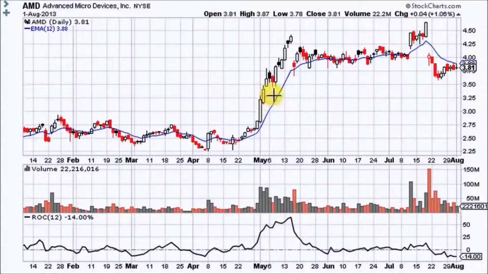So it had a couple more really big volume up days. But at this point right here, this was the last time rate of change was below zero. So it said that the stock was trending up beginning right here on this white candle.